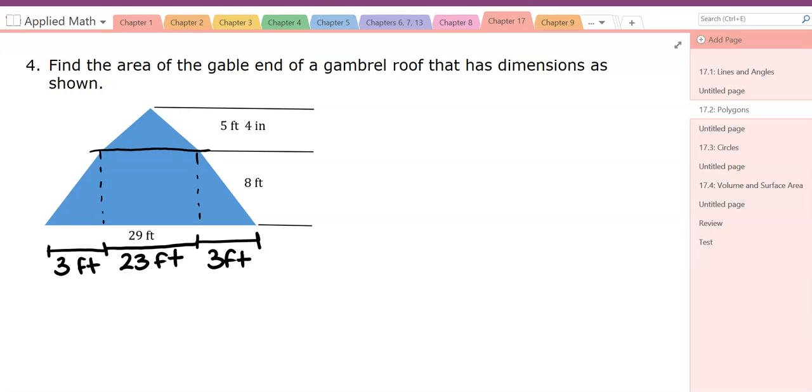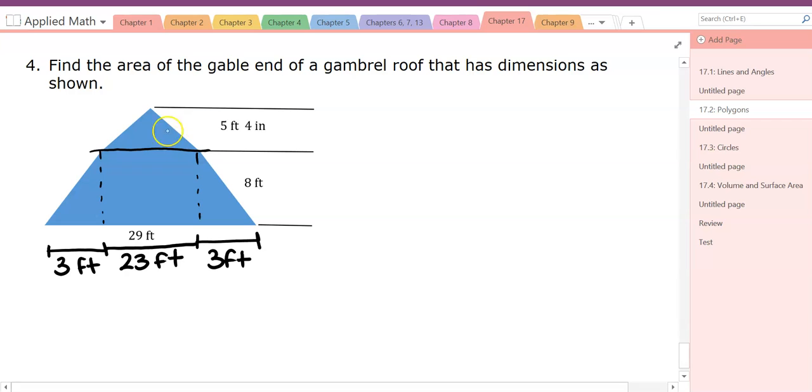So I know that they probably have to be about the same amount. So what I did is I just thought, how could I cut 29 so that it would be even on both sides, but it wouldn't be longer than a reasonable amount. So that's how I got the 3 feet and the 3 feet there.